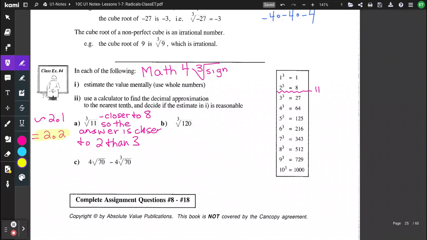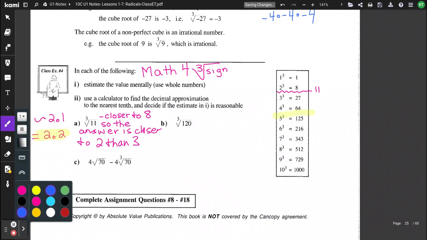All right, last two. Let's look at B, cube root of 120. Well, 120 is in between these ones right there. 120 is in between 64 and 125, but it's really close to the 125. So that means his answer is going to be closer to 5 than it is to 4.